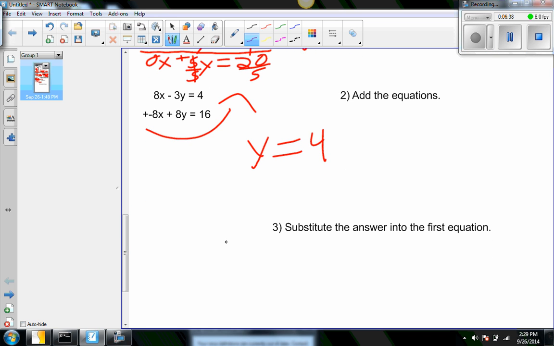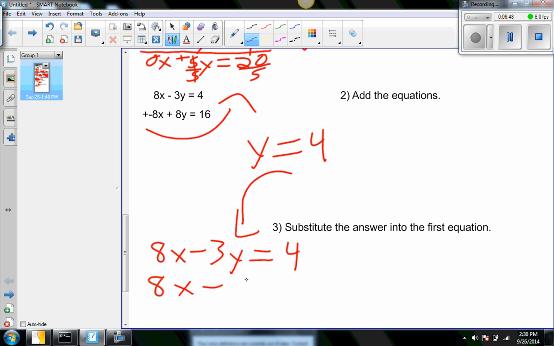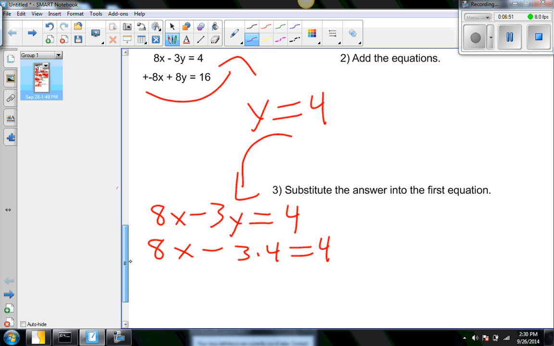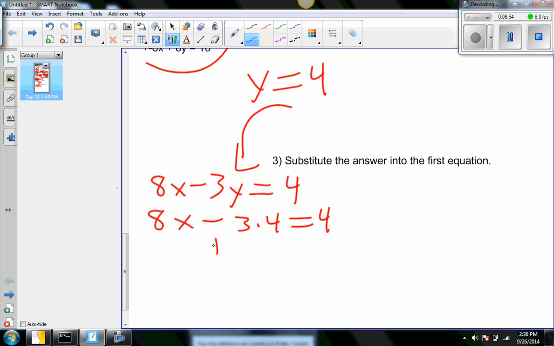Then I'm going to substitute the answer back in to see if it worked. So my first equation was 8x minus 3y equals 4. Plug this in right here. So 8x minus 3 times 4 equals 4. So I go 8x minus 12 equals 4.